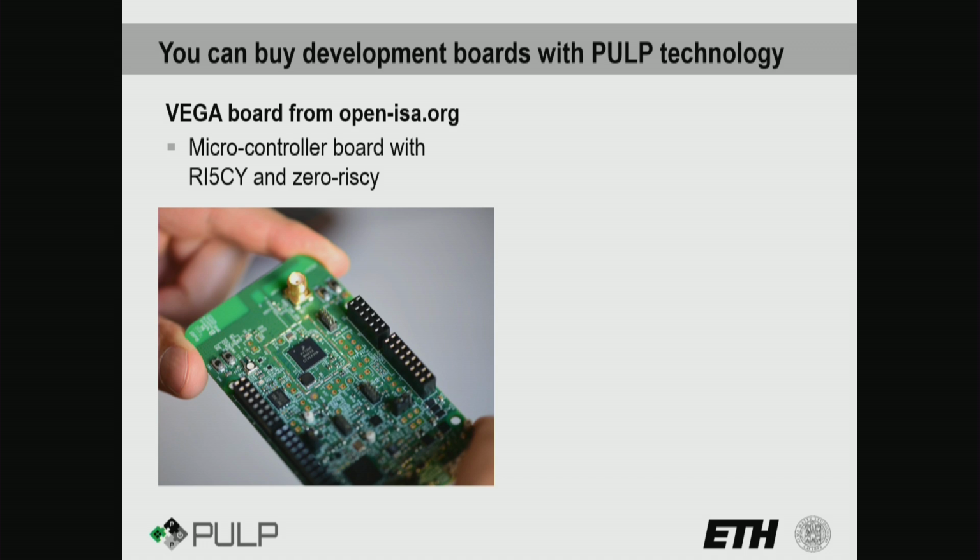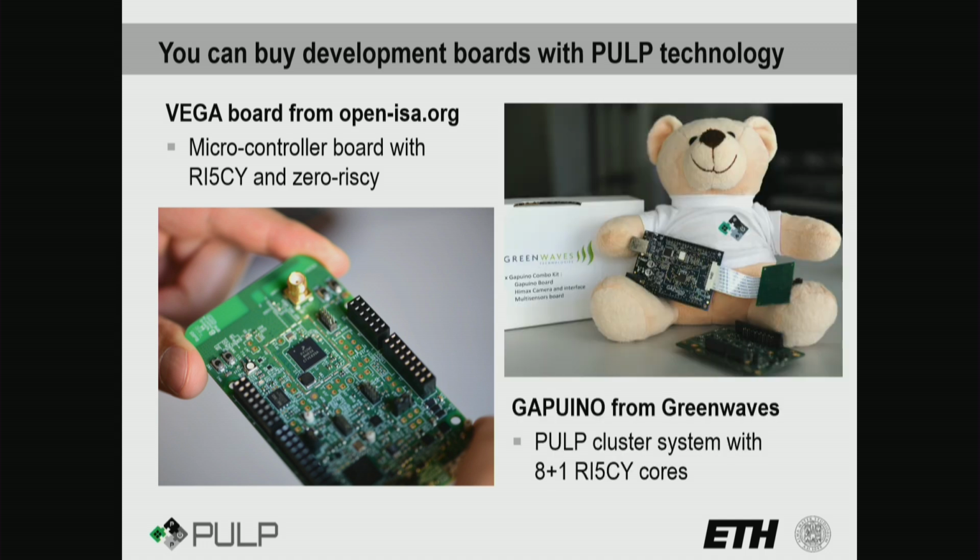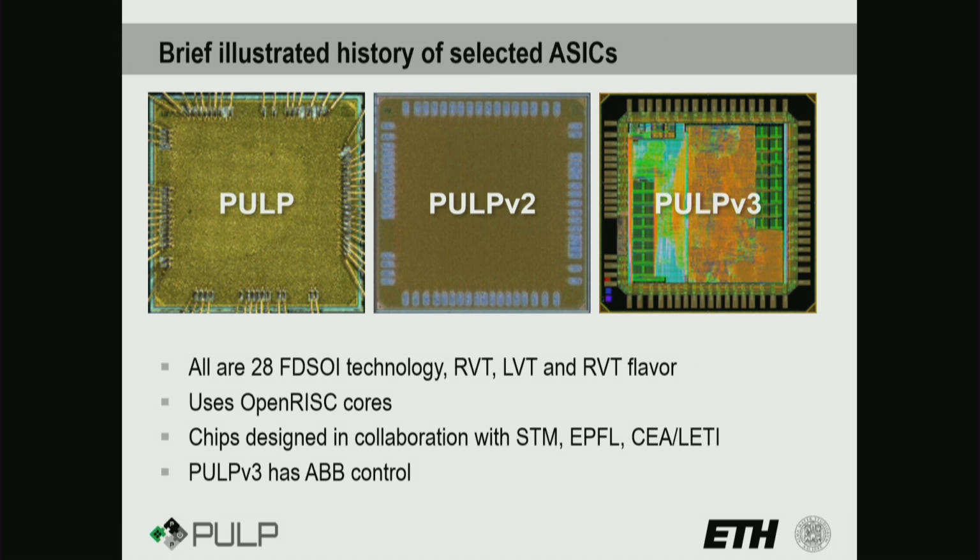For example, there's the Vega board from openisa.org, which is a microcontroller board which is based on RISC-V and zero RISC-V. Or you can buy the GAPuino board from GreenWaves, which contains versions of the GAP processor, which is a Pulp cluster system with 8 processors in the cluster and a RISC-V core attached.